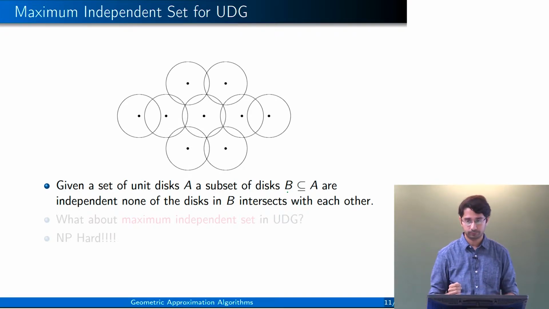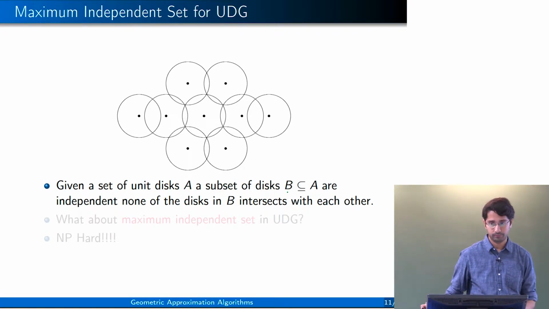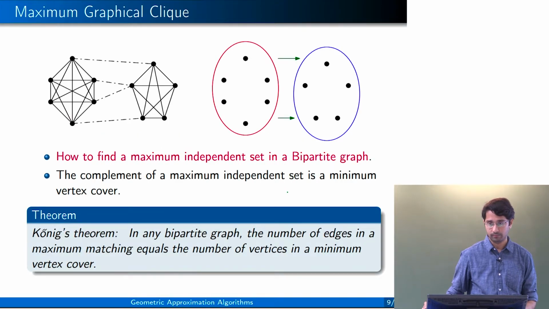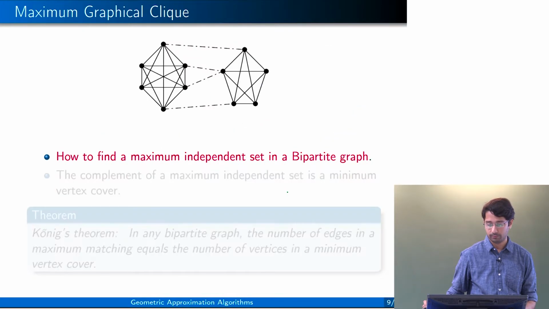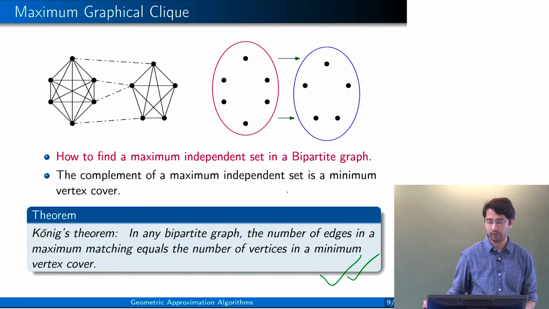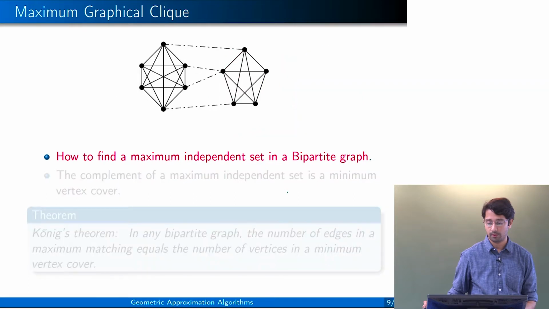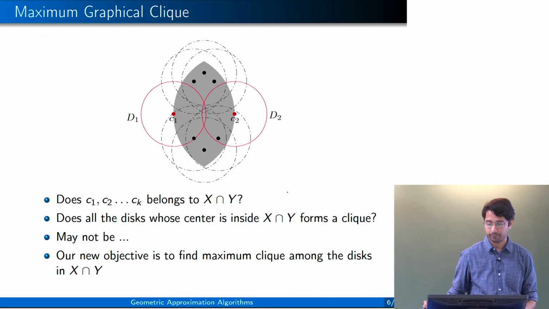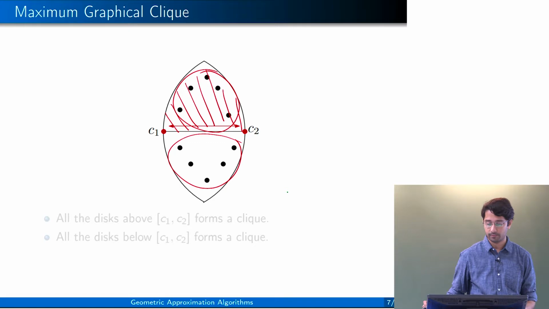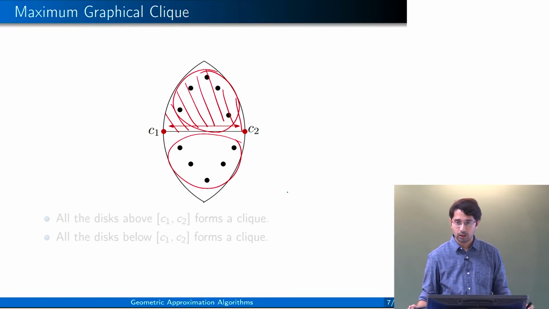So, for the previous problem, we got some clique in the upper half. Between the C1 and C2 above, we set up vertices.